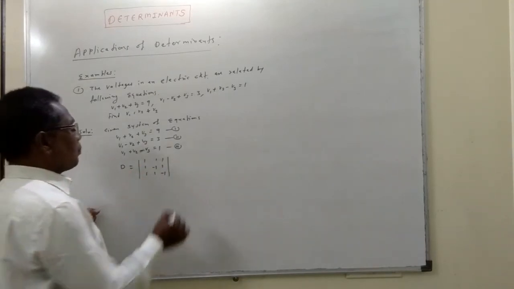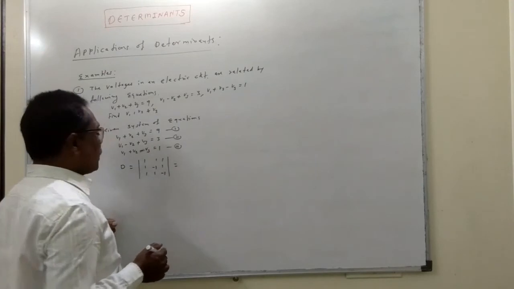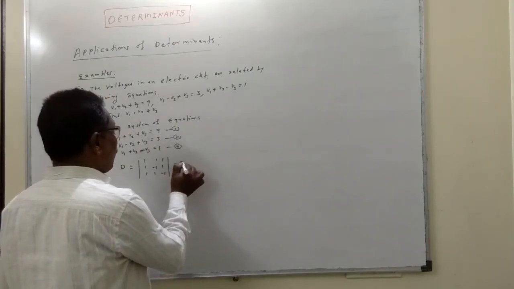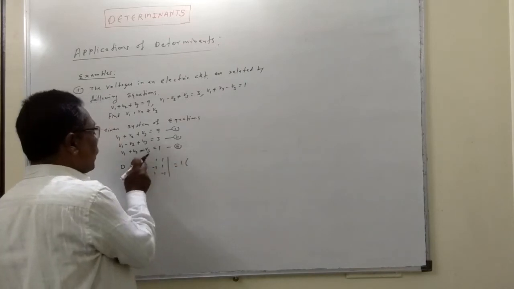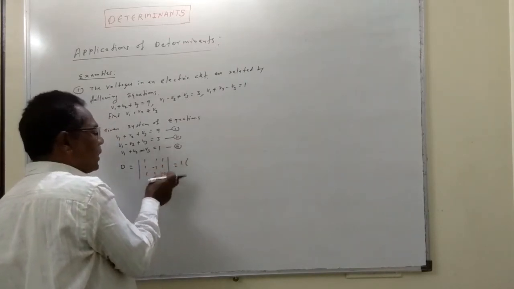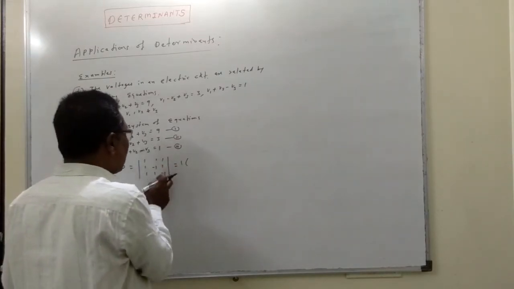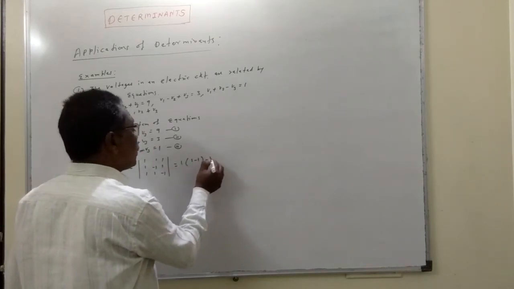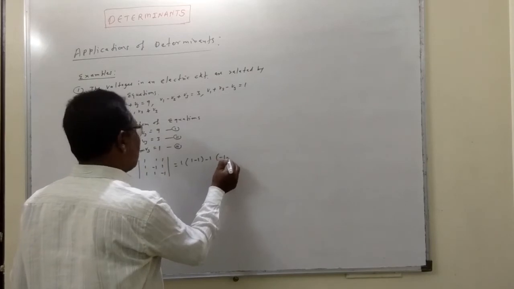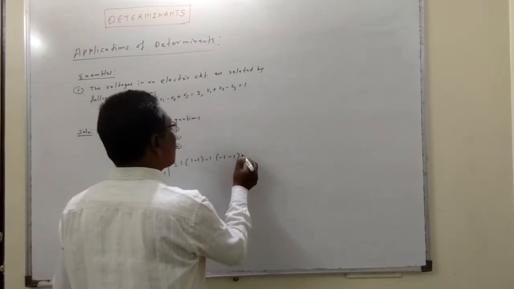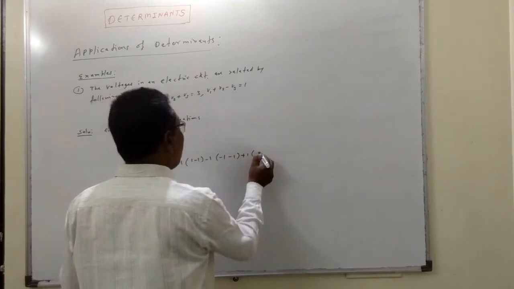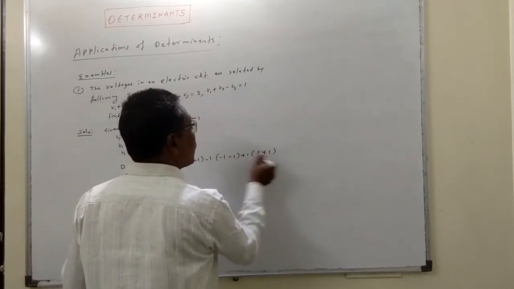Now we will evaluate by the method to evaluate the determinant of order 3. So 1 into, now directly we will write, so 1 into this determinant, so that step we can reduce in applications. So minus minus plus 1 minus 1, minus 1 into minus 1 minus 1 plus 1 into 1 into 1 1 minus minus plus 1.